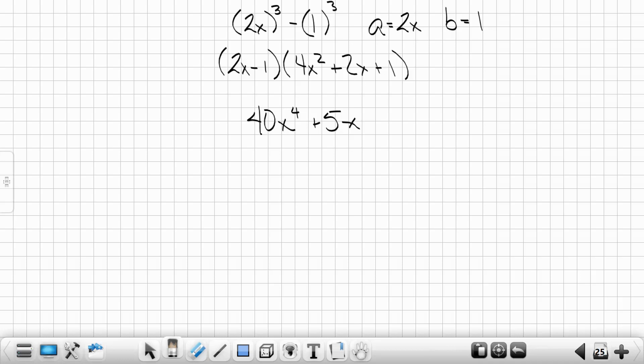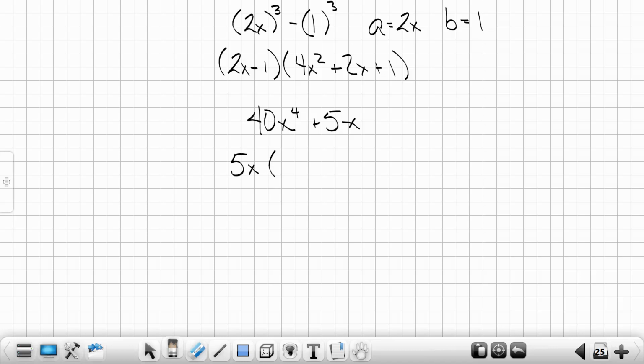Because 40 is not a cube. 5 is not a cube. 40 is not a square. 5 is not a square. But there is something I can factor from both of those before I start. 5x. These both can give up a 5, and they both can give up an x.